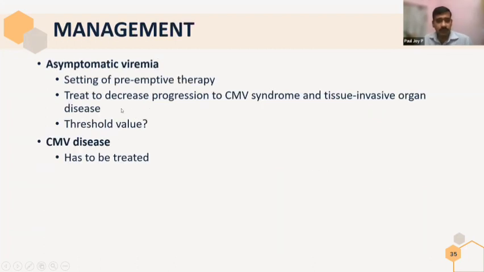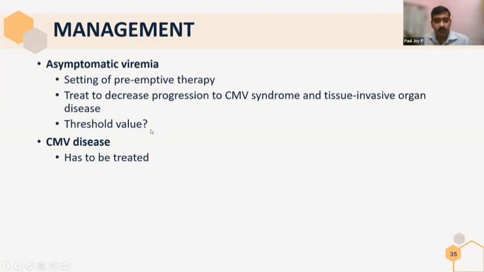Coming to management, management comes in a setting of either asymptomatic viremia or CMV disease. Asymptomatic viremia is usually detected in the setting of preemptive therapy. When there is routine screening of patients, we find that there is a CMV viremia or DNAemia, and in certain places they treat to decrease the progression to CMV syndrome and tissue invasive organ disease.